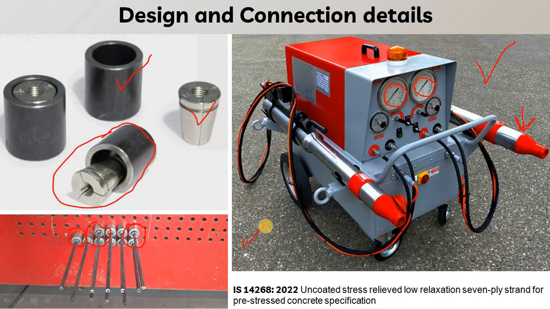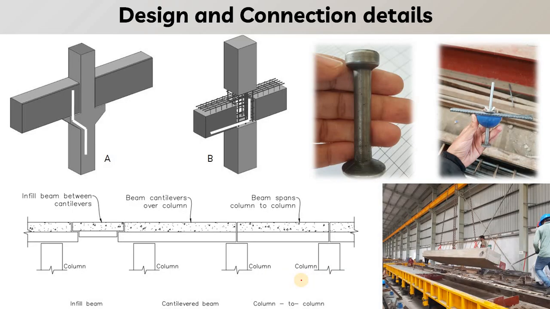And if we see the IS code which talks about the pre-stress wire, that is IS 14268/2022, which says about uncoated, stressed, released, low relaxation 7 ply strand for precast and pre-stressed concrete specification. So you can just go through this code. We have already seen the details of this code in our hollow core slab video.